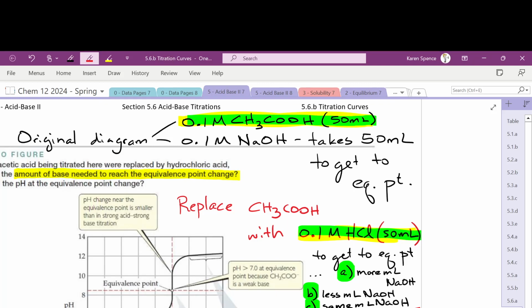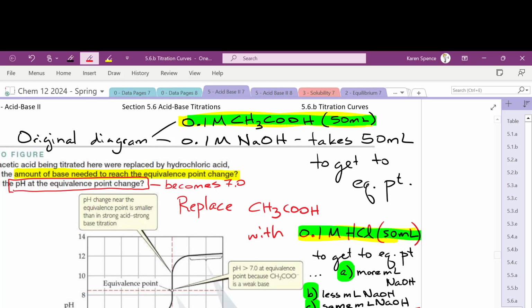Okay. So the pH gets lower with the strong acid. What does the pH at the equivalence point become with the strong acid? The pH becomes 7. So we've dealt with this part. The pH at the equivalence point becomes 7. So it does lower. That's true.